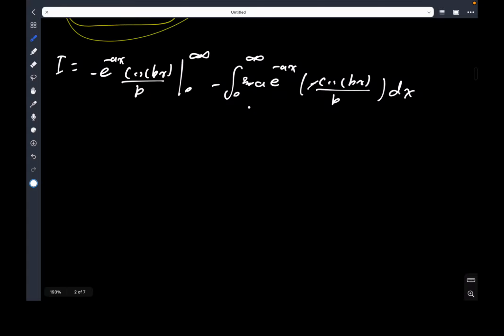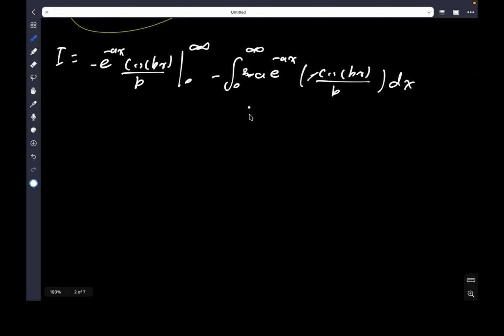And if I calculate this limit, it's going to reduce to 1 over b, because e to the negative infinity, the first limit, is obviously 0, and cosine of 0 is 1. Thus, I can write it as 1 over b here.